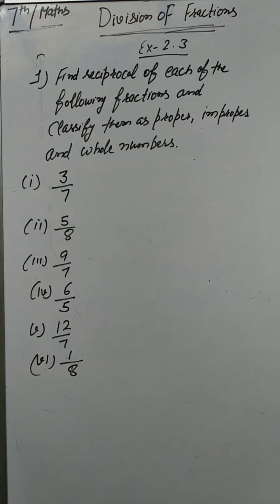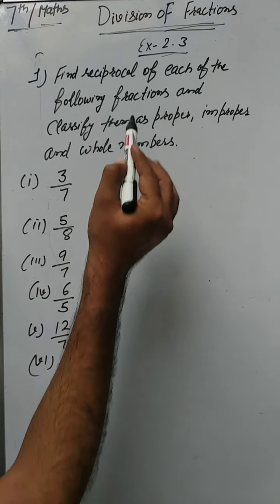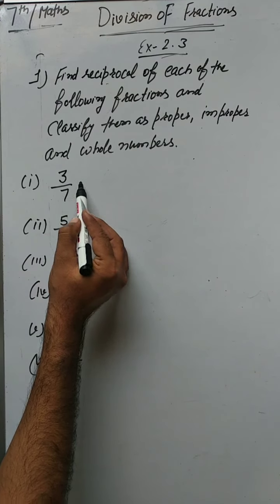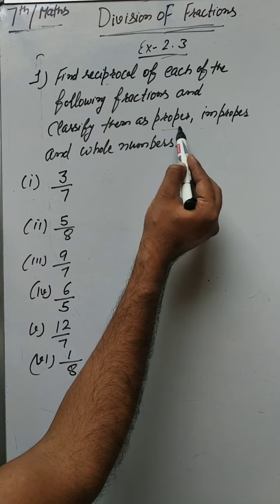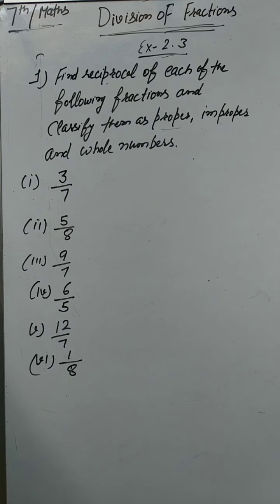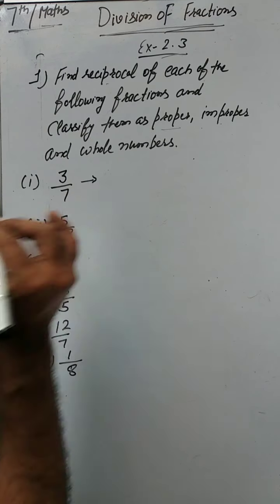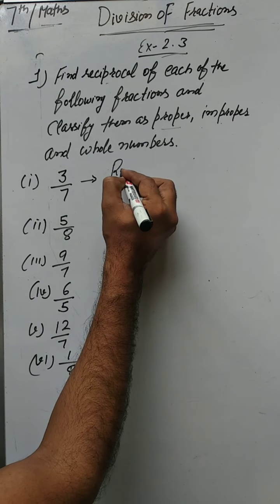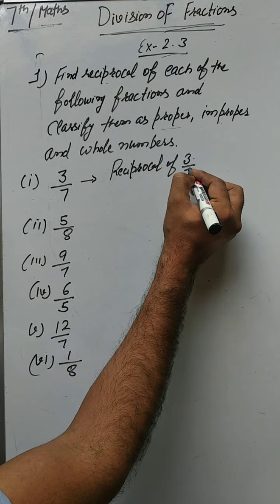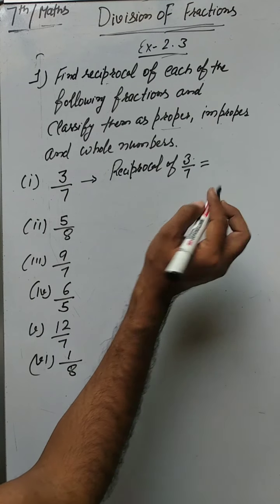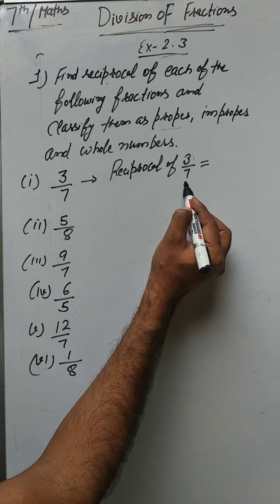Understood beta? Now beta, this is the first question of exercise 2.3. Find the reciprocal of each of the fractions. Means you have to find the reciprocal of every fraction and classify them as proper, improper or whole number. Now if I try that one, the reciprocal of 3 upon 7. As I already explained, its reciprocal will be the reverse of the fraction. Your fraction is 3 upon 7.